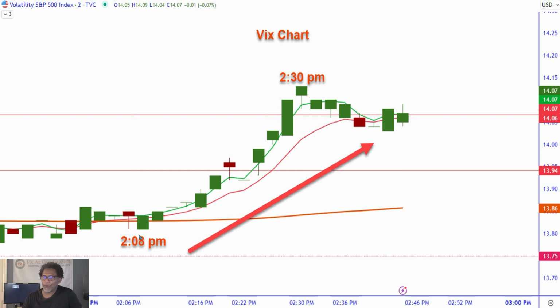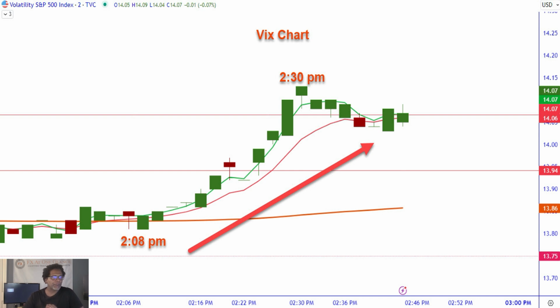So at 2:08 p.m. to 2:30 p.m. the VIX was going up. Remember that the VIX basically is telling us how many stocks are trading at the bid versus how many are trading at the offer.